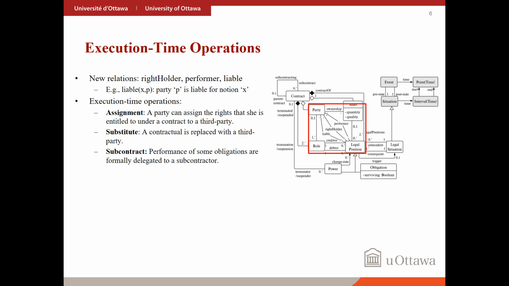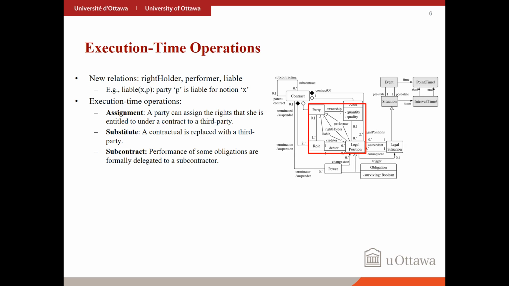In this paper, we have extended the original Symboleo ontology with relationships defined between party and legal position: liability, right, and performance of any obligation and power are always given to parties. At the beginning of a contract, the debtor of an obligation is liable and performer of the obligation, while the creditor holds its right.